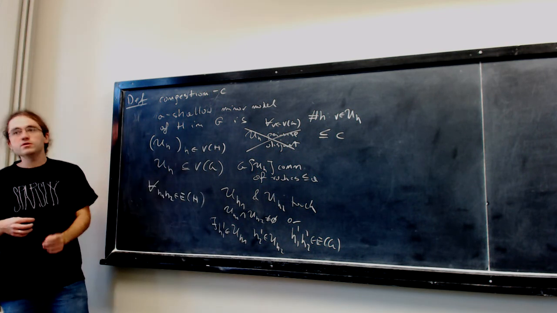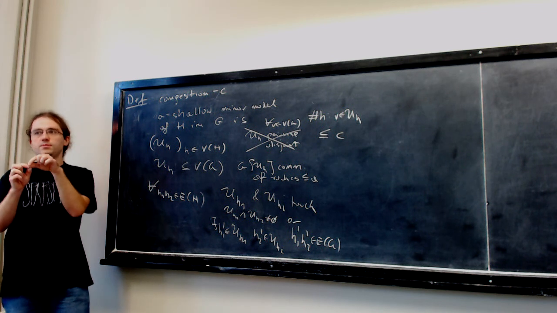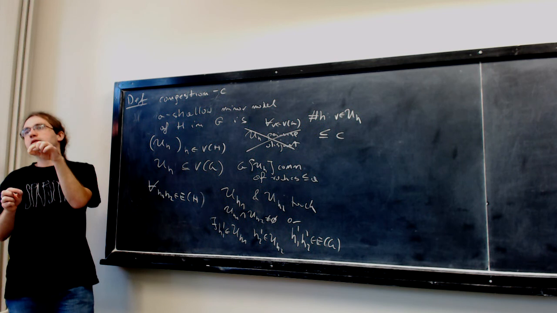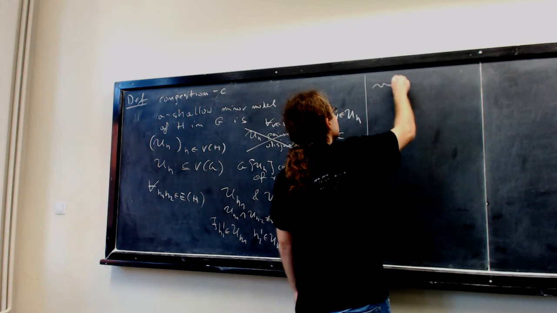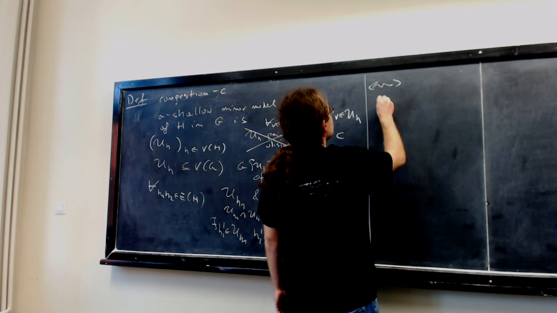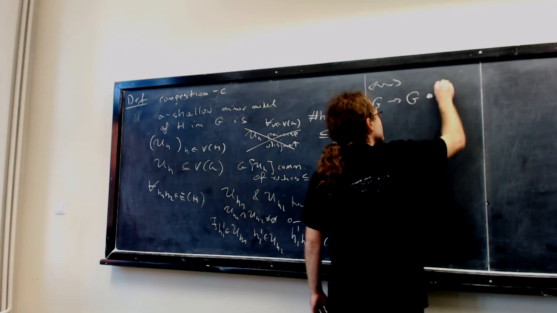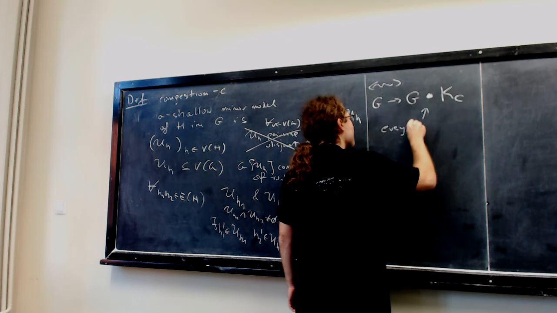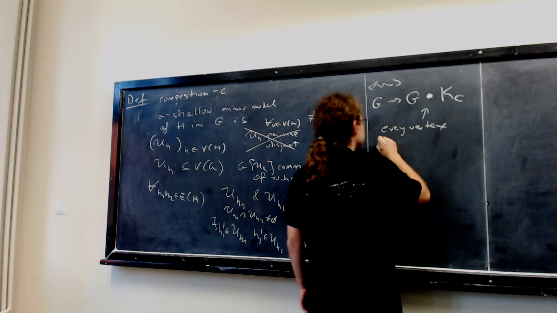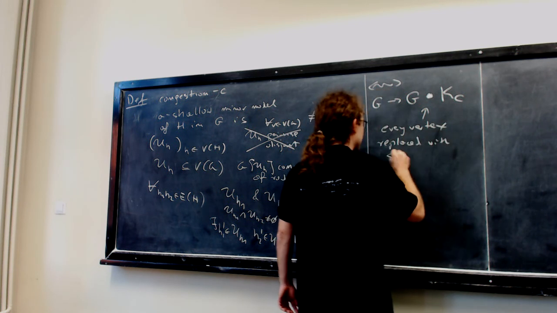This definition really corresponds to a normal model if you take a graph and blow up every vertex into a size c clique. So I would say that this is more or less the same as taking G and replacing it with what I would call G dot K_c, which means that every vertex is replaced with a size c clique.